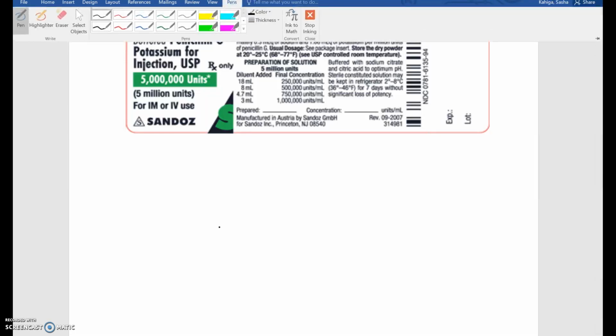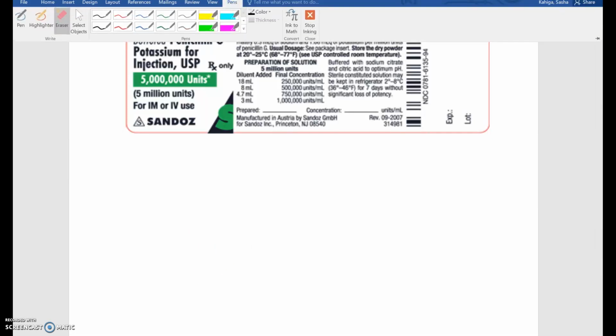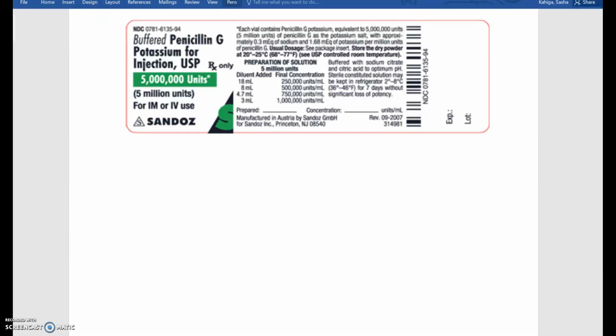So moving on, we have basically gone over a single concentration medication stock label. Now it is time for us to identify a multi-concentration medication.